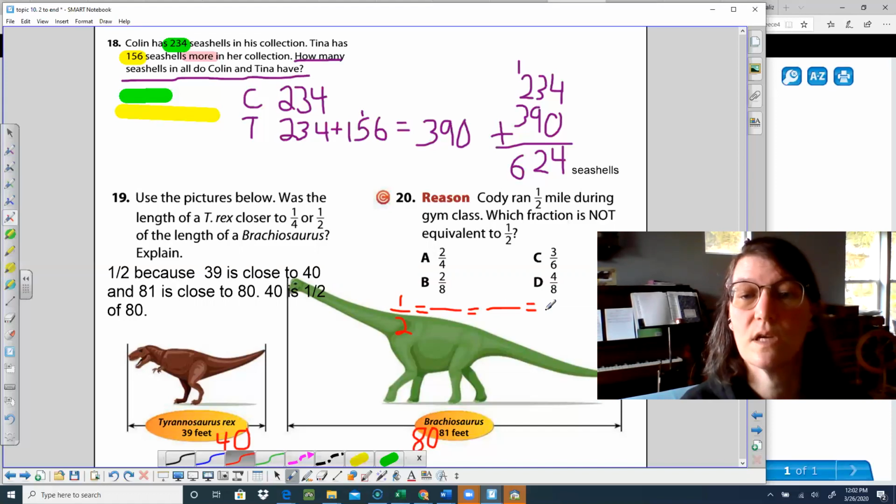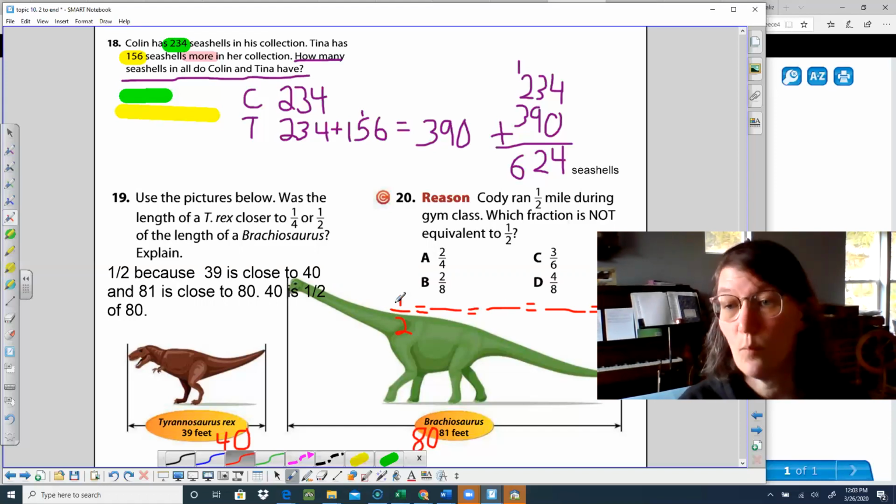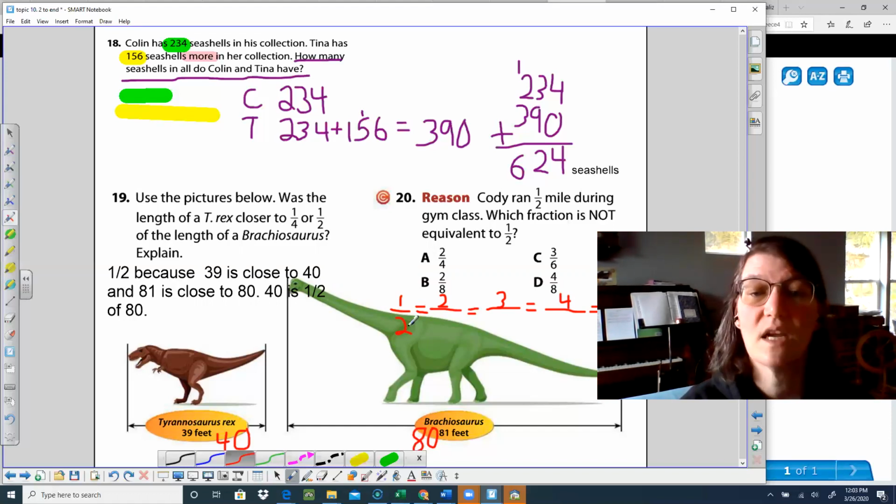And hopefully yours is neater than mine. And we'll do one more. Now our numerator is going to count by 1. So 1, 2, 3, 4, and 5. Now our denominator is going to count by 2.